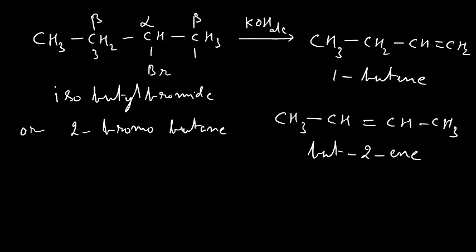So there is a possibility of formation of two products if the bromine atom is present on the middle carbon atom. In which case is the percentage of compound formation more, whether 1-butene is in more quantity or 2-butene is in more quantity? This can be understood by a generalization, that is Saytzeff's rule. What does Saytzeff's rule state? In case a haloalkane can eliminate hydrogen halide in two different ways, the preferred one is the one which is maximum alkylated.